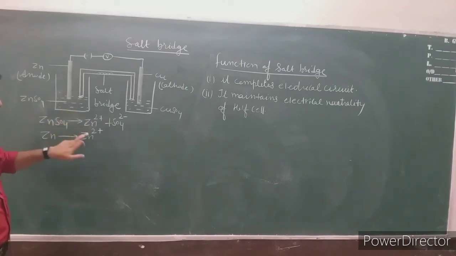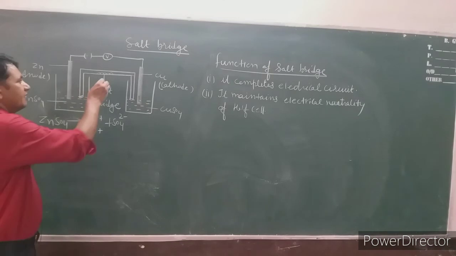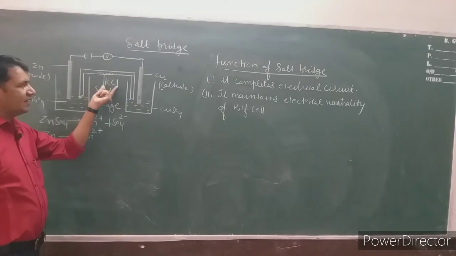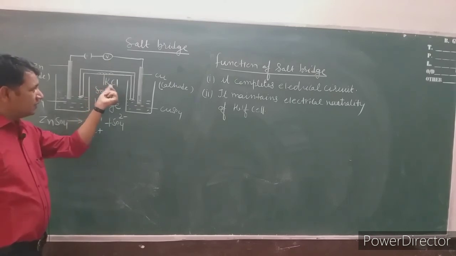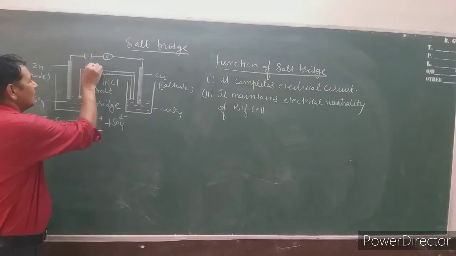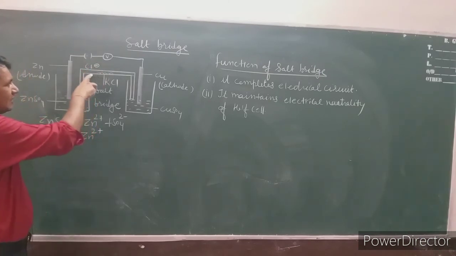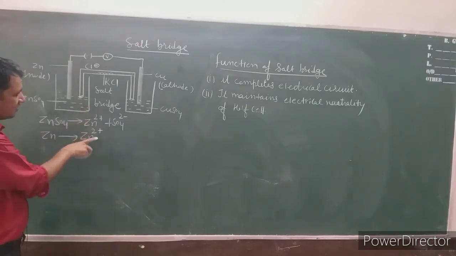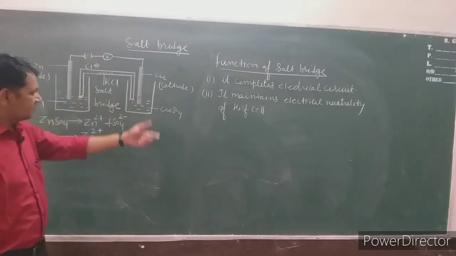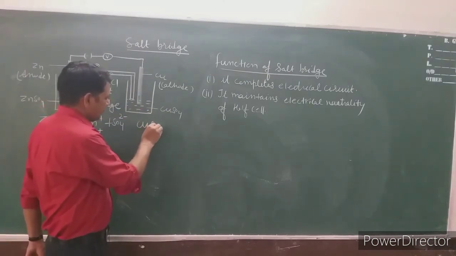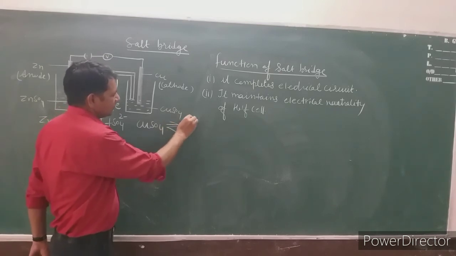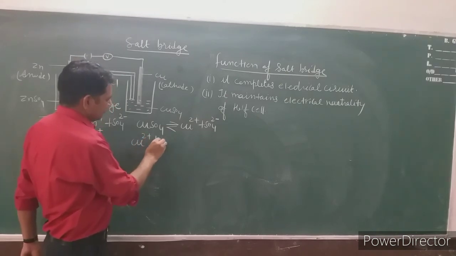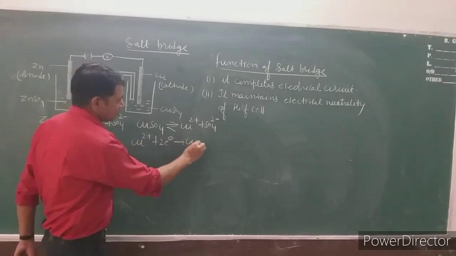So to maintain the charge on this anode side, the negative part of the inert electrolyte of the salt bridge, suppose we have taken KCl, so the negative part, Cl-, moves to this compartment and neutralizes the extra positive charge. At the other side, copper sulfate, CuSO4, decomposes into Cu2+ and SO4 2-, and Cu2+ ion gains electrons and converts into Cu.